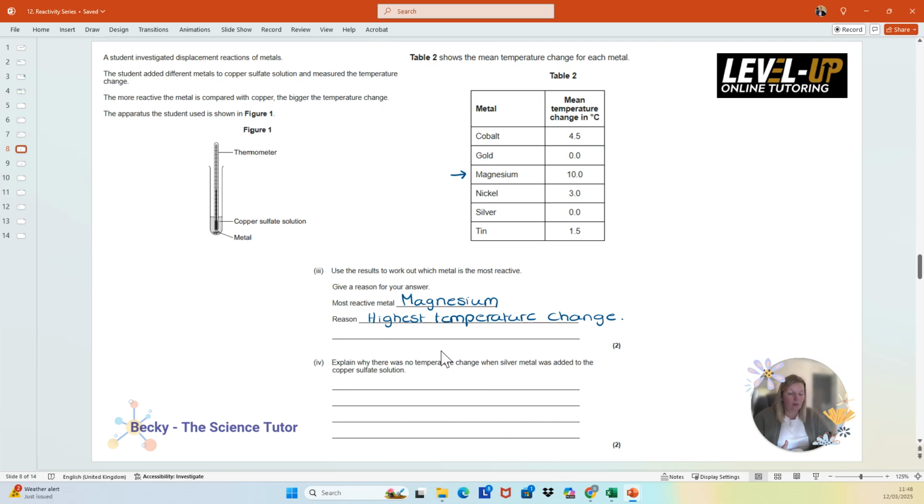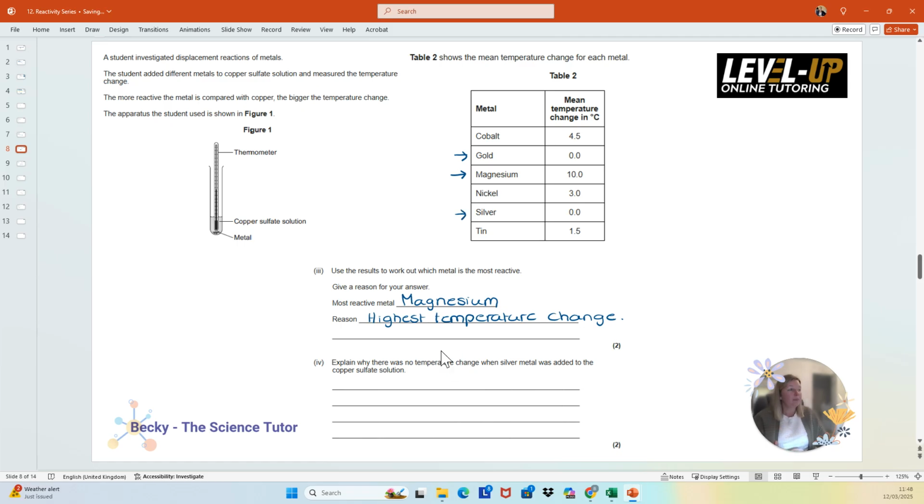Ones that are least reactive, we tend to always find copper. That's why we use it in lots of pipes and things, water pipes in your house, because it's unreactive. So we've got copper, silver, gold, platinum. They're our most unreactive. So here where we can see gold and silver, we got no temperature change because we know those are unreactive.